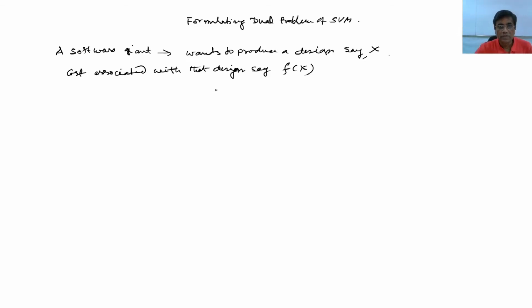They are called resources. It requires resources, right? So it will have a cost, that is the cost of design or cost of production. So that is the cost, f of x.